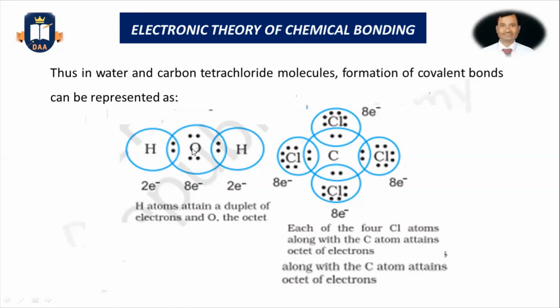Oxygen shares 1 electron with the left side hydrogen atom and another 1 electron with the right side hydrogen atom. So 2 pairs of electrons are formed, and these form bonds between oxygen and both of the hydrogen atoms.